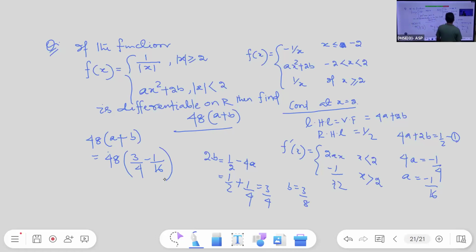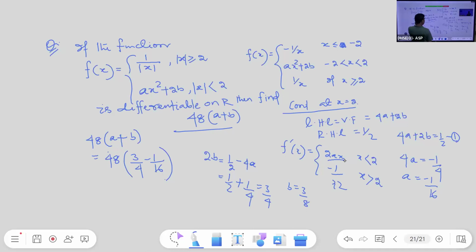Let me check it again. Left hand limit at x is equal to 2 is 4a plus 2b. Right hand limit at x is equal to 2 is 1 over 2. So 4a plus 2b is equal to 1 over 2. Left hand derivative is 2ax, and right hand derivative is minus 1 by x square. So left hand derivative is 4a, which is equal to minus 1 by 4, which implies a is equal to minus 1 by 16.